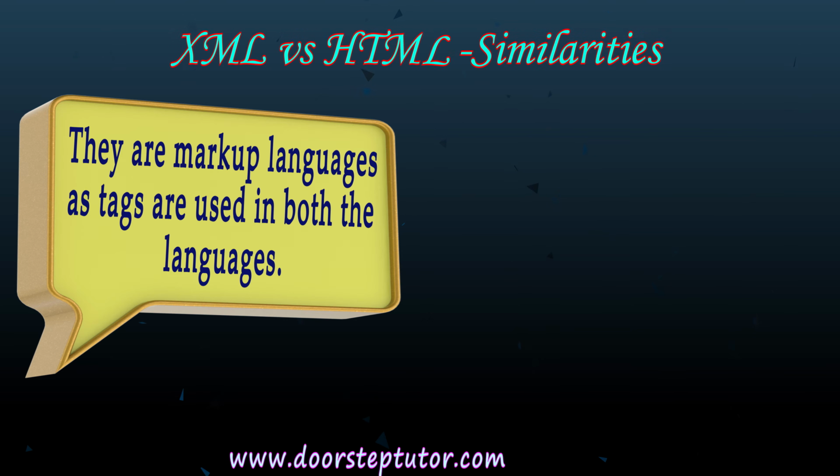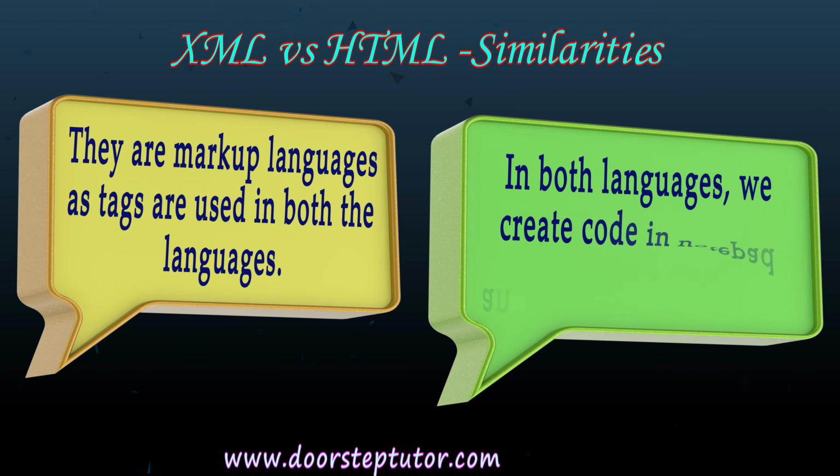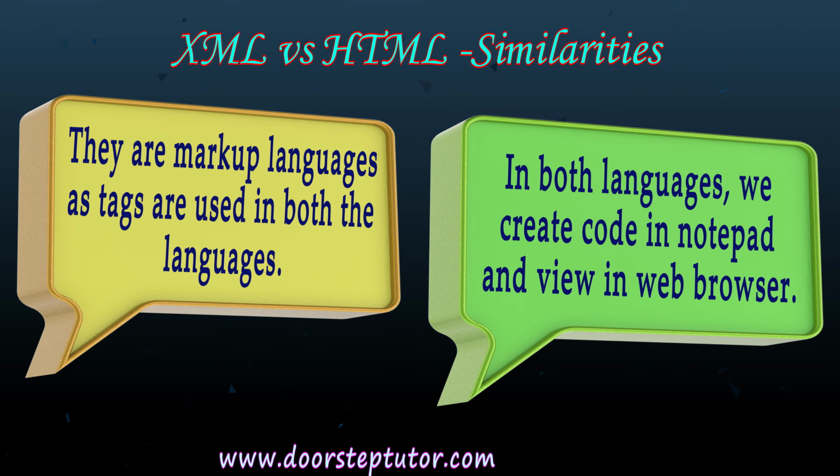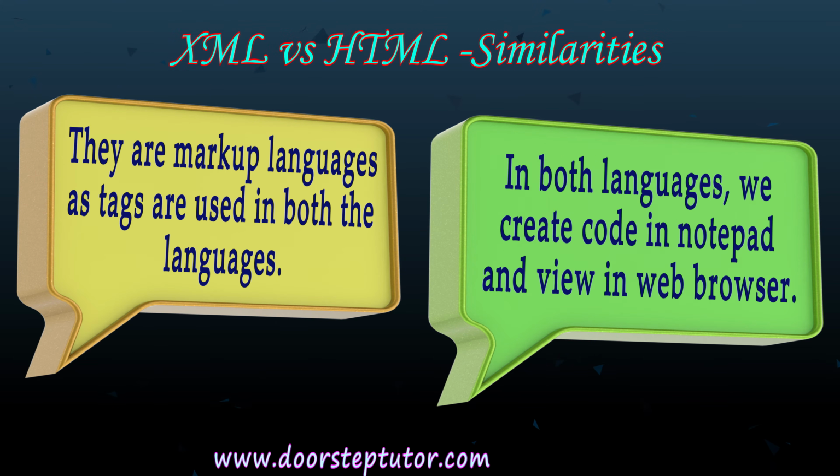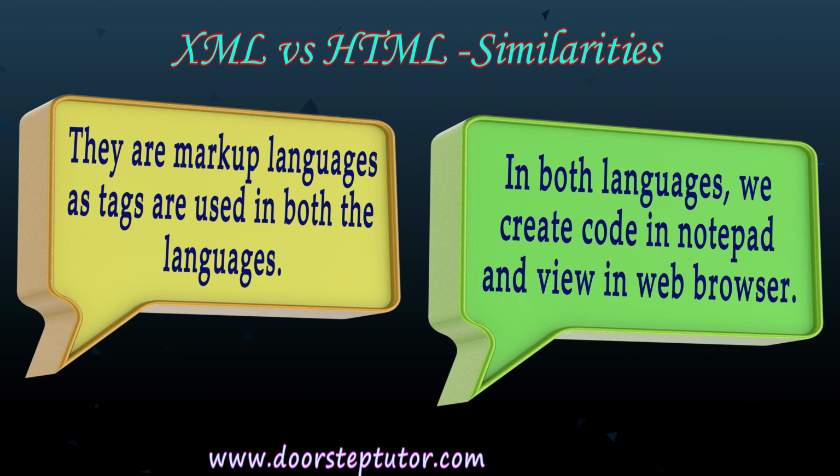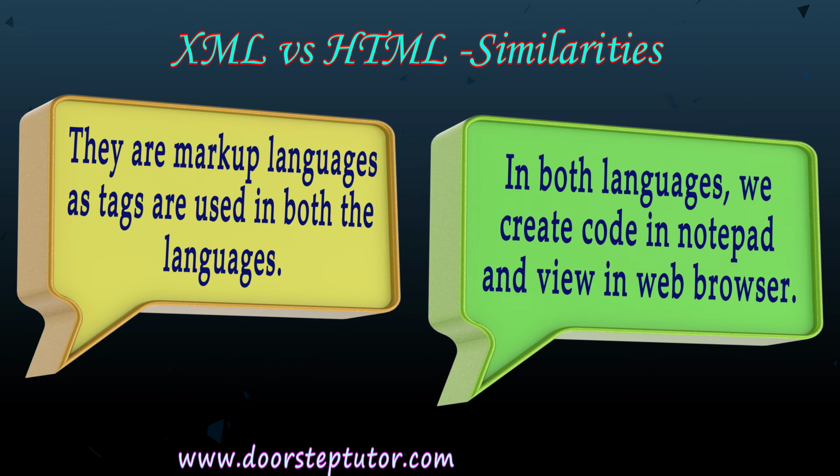Then both work similarly: we just need to create the code in a document like Notepad or any other editor. Then we save the document with the extension as per XML or HTML. Then simply we can view the output in the web browser. So these are the similarities.